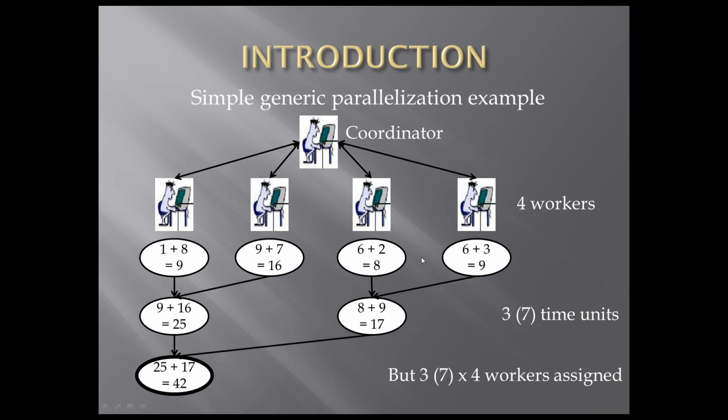You can see here in the first step we have all 4 assigned workers busy, and then in this communication step we still have all 4 workers busy, but in the next step we only have 2 workers busy, and in the final step we only have a single worker busy.